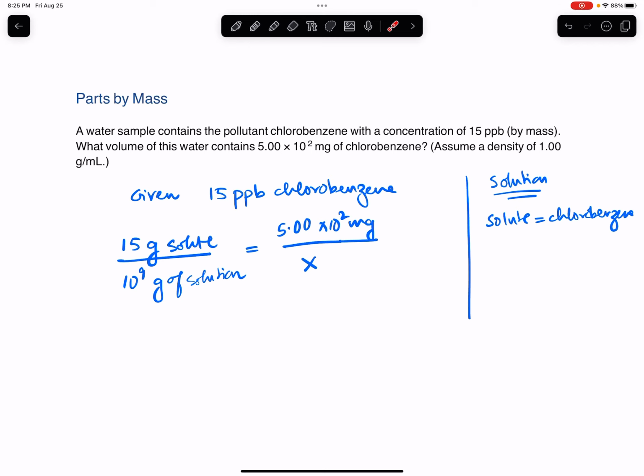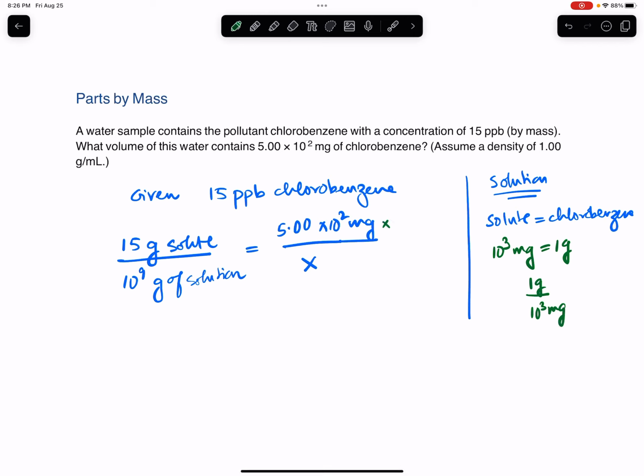Now, before you can solve for x, we have to change milligrams into grams. We need to understand that 10 to the power 3 milligrams is equal to 1 gram. So if we change that into a fraction to multiply with this term, that becomes 1 gram over 10 to the power 3 milligrams. Let's go ahead and multiply that.